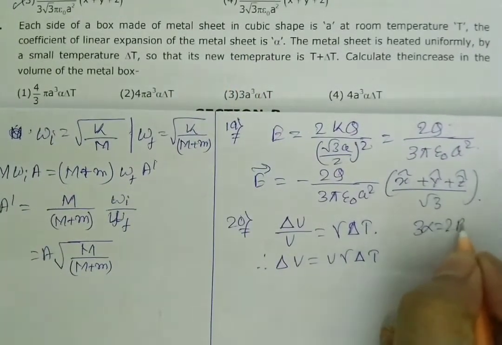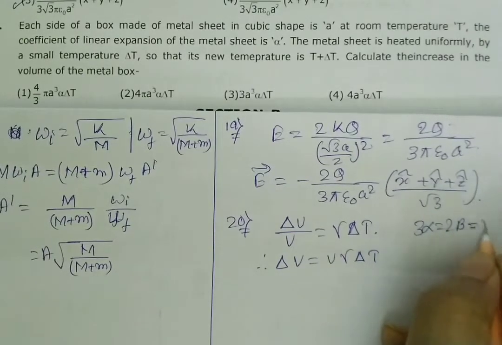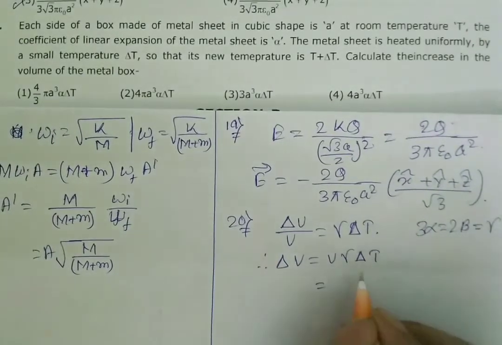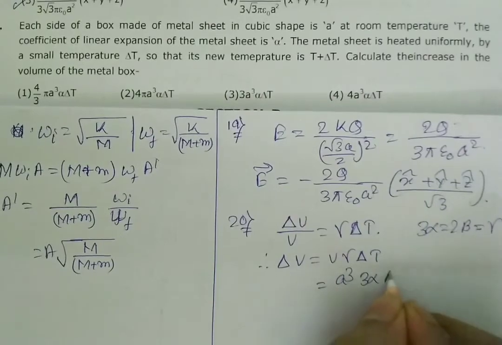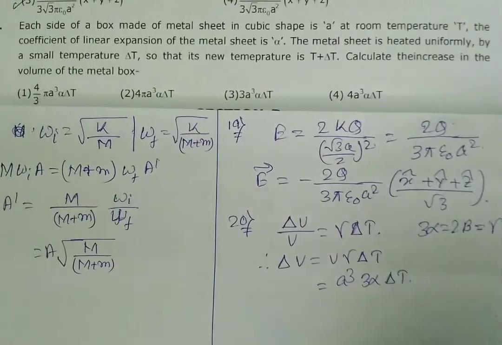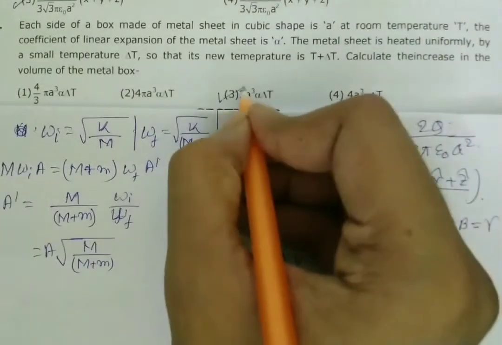Putting the value of gamma, and the total volume is a cube, 3 alpha a cube delta T will be the correct answer. So this matches with option 3.